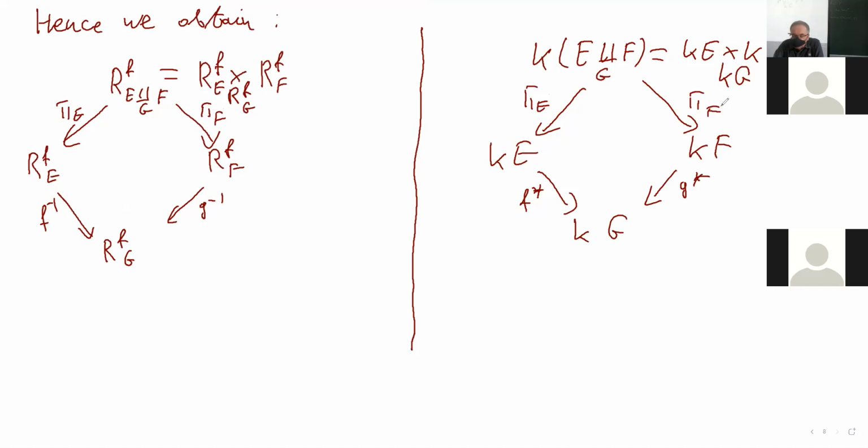But now, what remains to be done is to prove that these pullbacks are in the right category. So what do we know? We know that this diagram is okay. So hence we obtain the commutative diagrams, because they're commutative by the sheer fact that we apply functors.